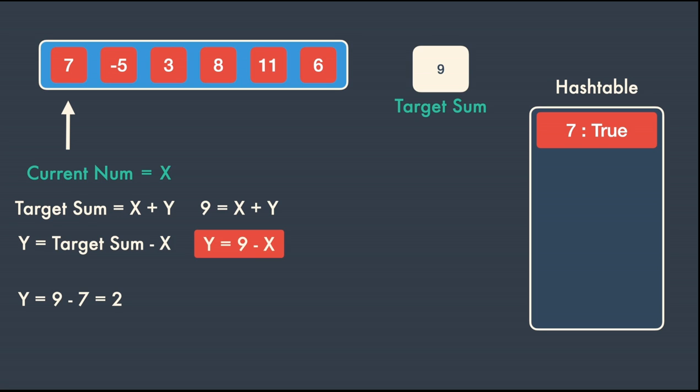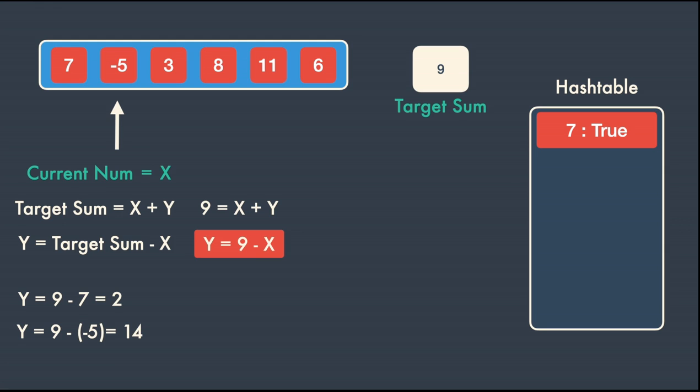Now we can move on to -5, and let's solve for y. 9 minus -5 is equal to 14, and is 14 in our hash table? No, it's not.